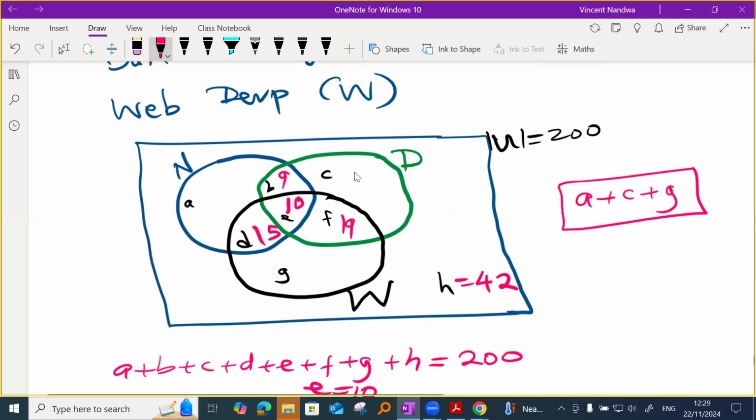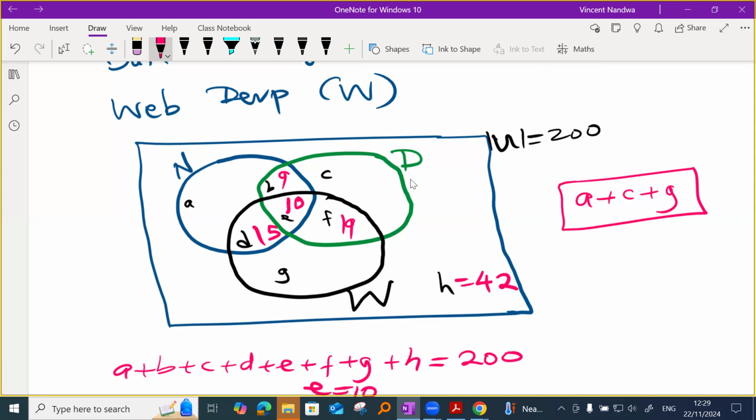So I think now it's very easy to get what you need to obtain. We have H as 42, B as 9, E as 10, D as 15, F as 19, plus the other parts, which together make up the total within the rectangle, which is 200.